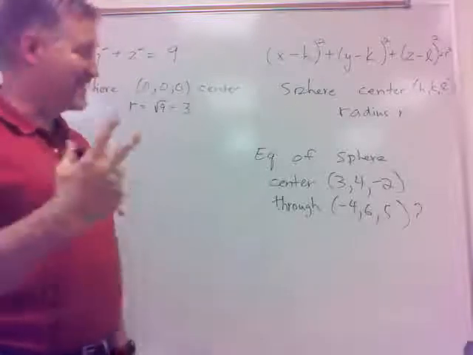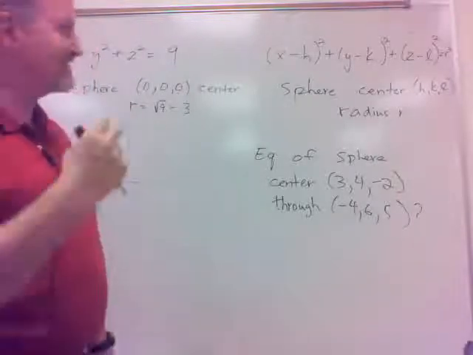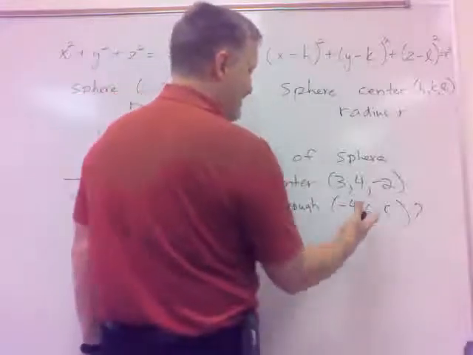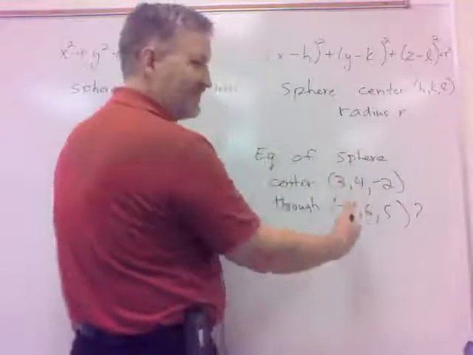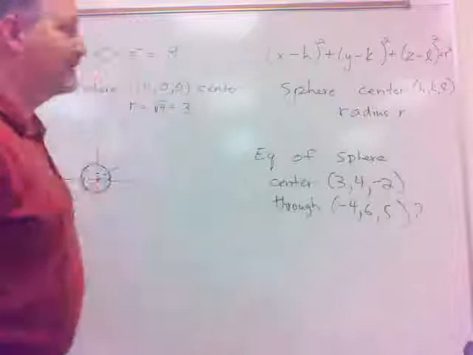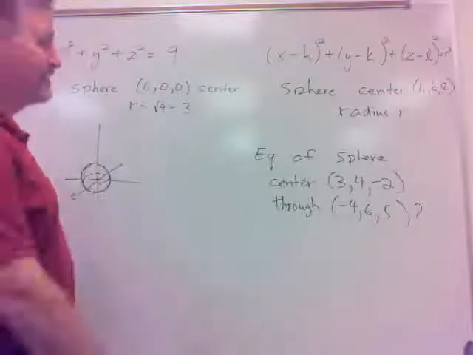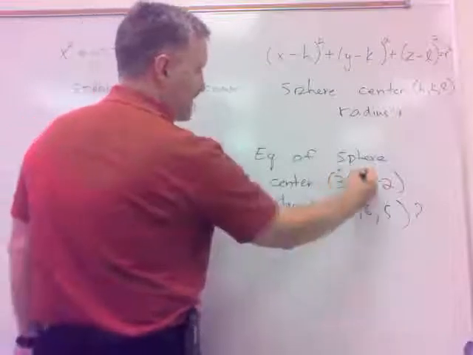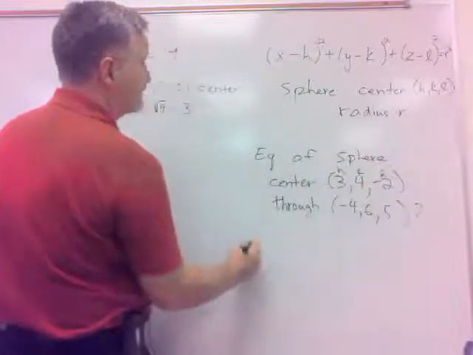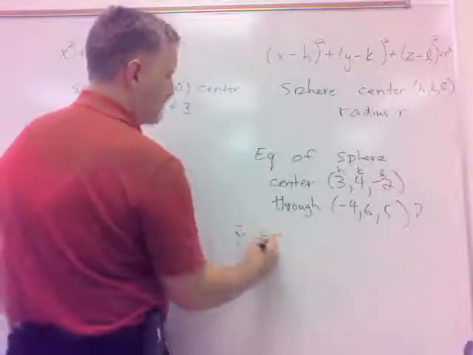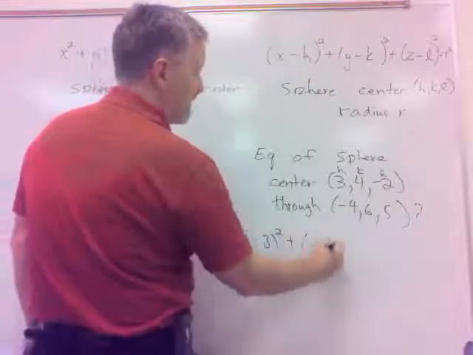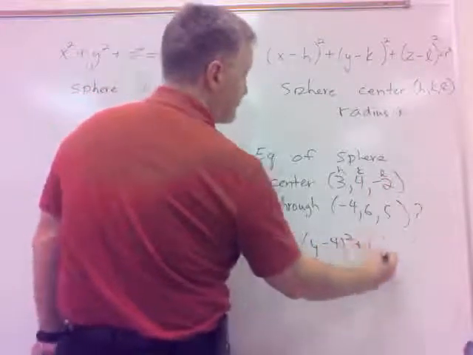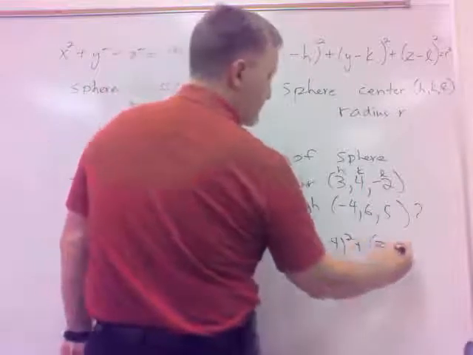Just like in a circle, you need to know the center and the radius. In a sphere, you need to know the center and the radius. We've got the center, we just don't know the radius. So just like we've had similar problems before, we can substitute. That's h, k, and l, and so it's x minus 3 squared plus y minus 4 squared plus z plus 2 squared.